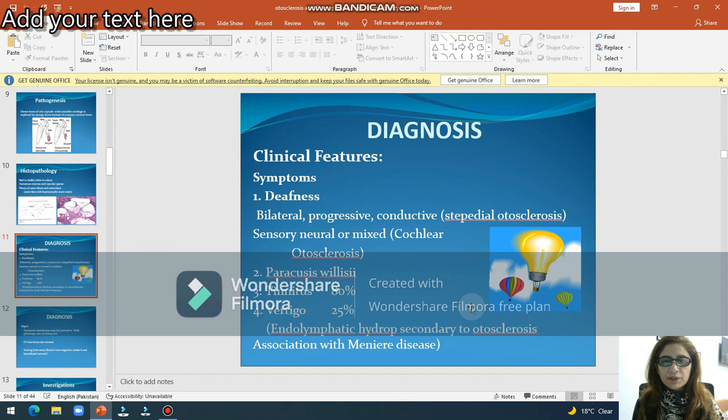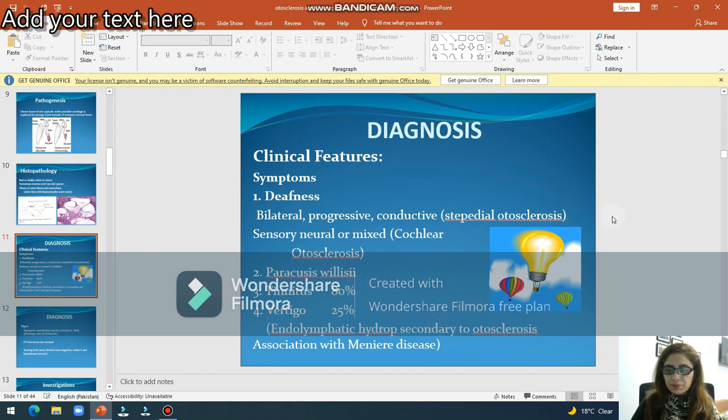If there is involvement of the semicircular canals, there will be vertigo. It is a secondary endolymphatic hydrops secondary to otosclerosis. In Meniere's disease, there is primary endolymphatic hydrops with unknown etiology. But in this, the known etiology is otosclerosis.